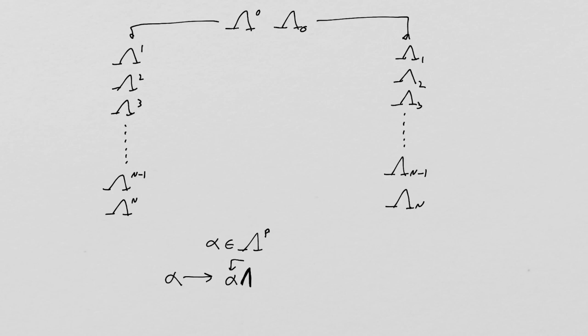Now, if we demand that alpha wedge only take an n minus pth form, then alpha wedge is a map from the pth exterior power space to the top exterior power space, the nth exterior power space.